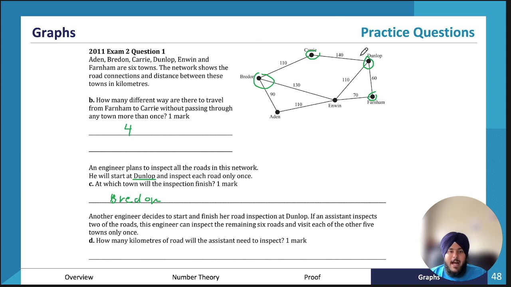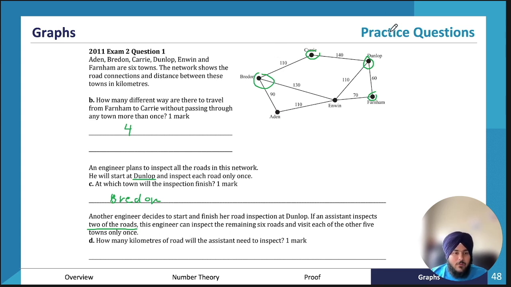Okay, so again, we're starting and ending off at Breeden, but this time we're not visiting all the other vertices. Sorry, let me just read this one again. If an assistant inspects 2 of the roads, this engineer can inspect the remaining 6 roads and visit each of the other 5 towns only once.